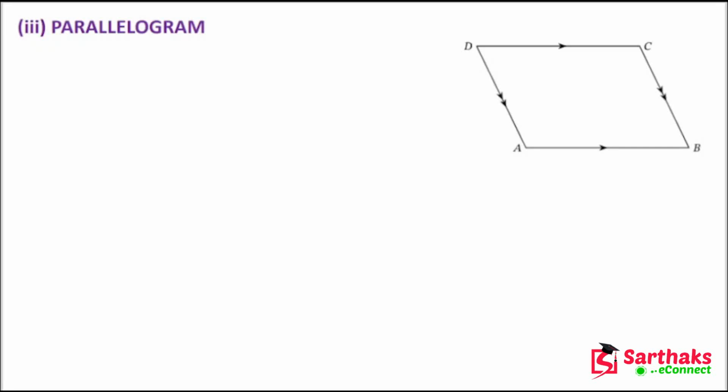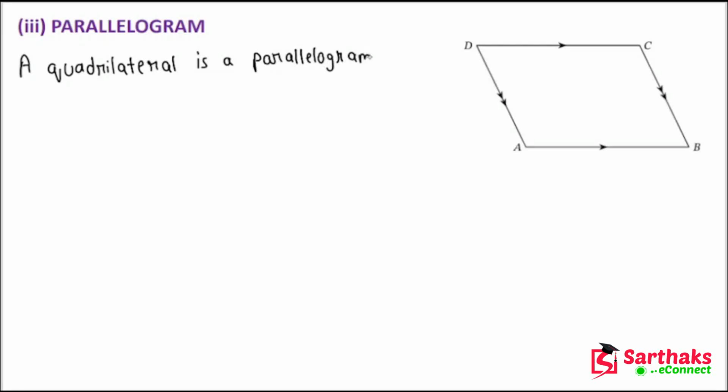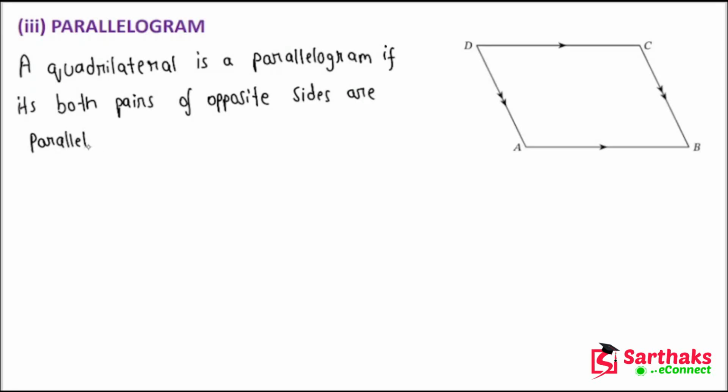Now what is a parallelogram? What is the definition of a basic parallelogram? The definition is: a quadrilateral is a parallelogram if both pairs of its opposite sides are parallel, right?